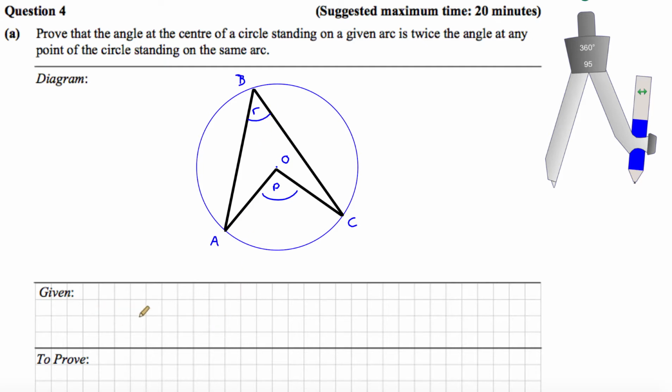So what are we given? We're given a circle, center O. And we're given the points A, B, and C on the circle.